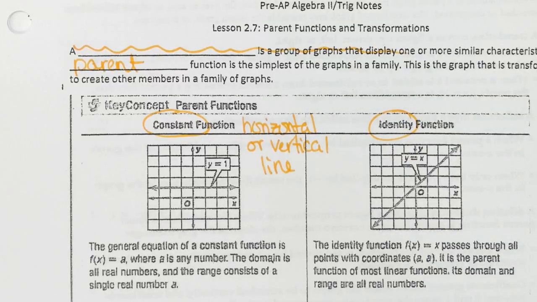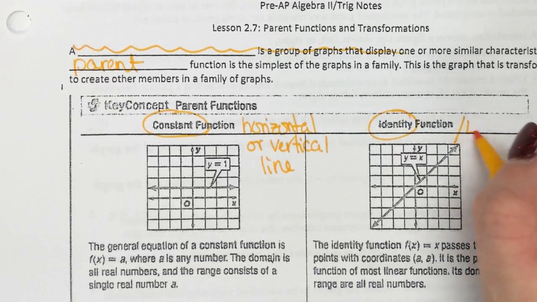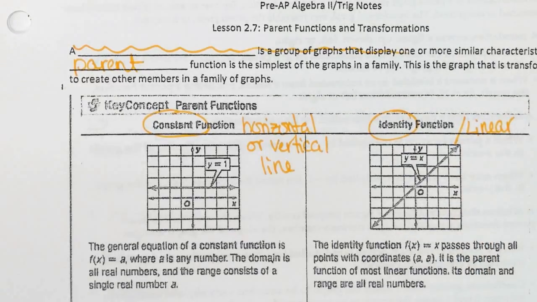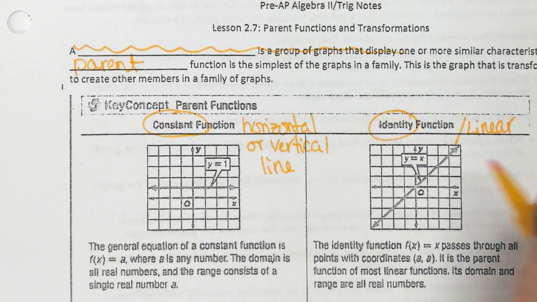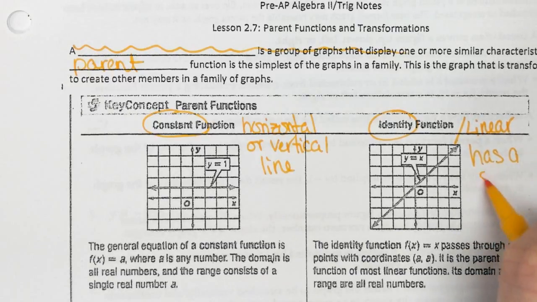We didn't call it the identity function when we did these on Math Workshop. Do you remember what we called it? It started with an L. Linear, very good. I want you to know both of them. Make sure you know both words, okay? So what do you notice is different about a constant function versus a linear function? They're both straight lines. Yeah, but linear has a slope, very good.